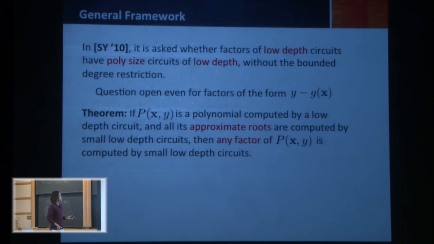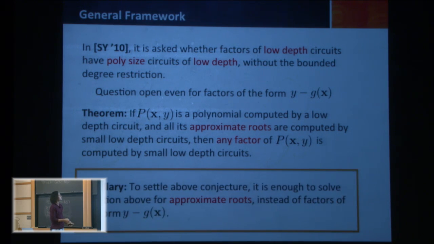What we show here is that if P is a polynomial computed by a low depth circuit and all its approximate roots are also computed by small low depth circuits, then any factor is computed by small low depth circuits. So to settle the above conjecture of Shpilka and Yehudayoff, it's enough to solve the question for approximate roots instead of just finding the actual root factors.